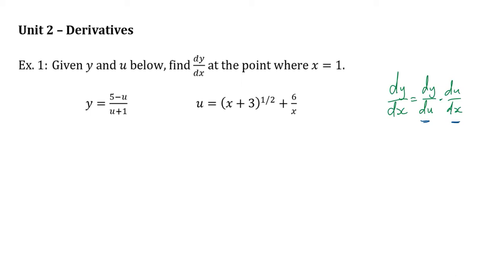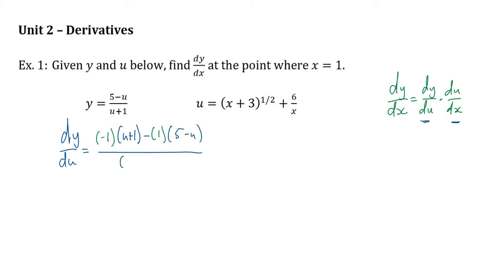So if y is equal to this, then dy by du equals, and this is quotient rule because it's got a variable on top and on bottom. So that is the derivative of the top, which is just -1, times the bottom, which is u plus 1, minus the derivative of the bottom, which is just 1, times the top, which is 5 minus u, all over the bottom squared.